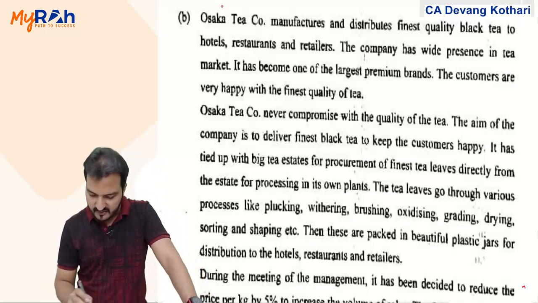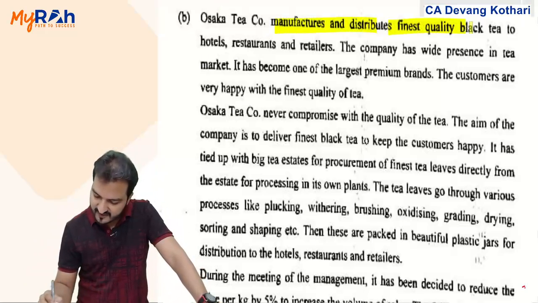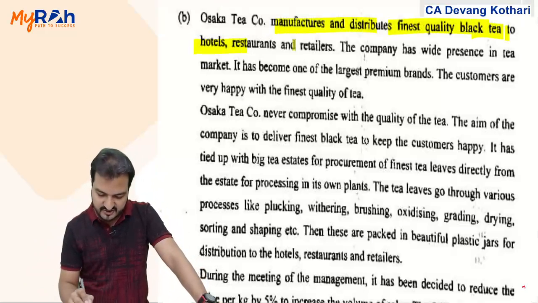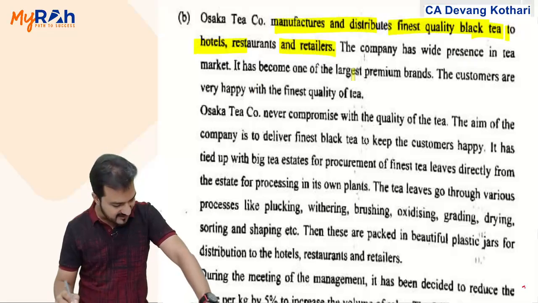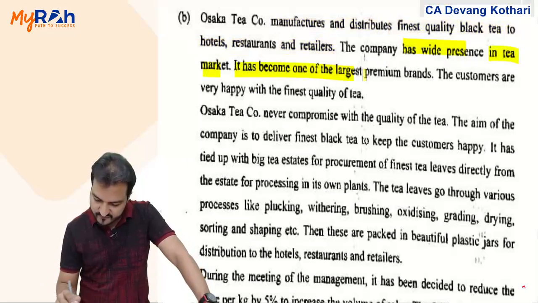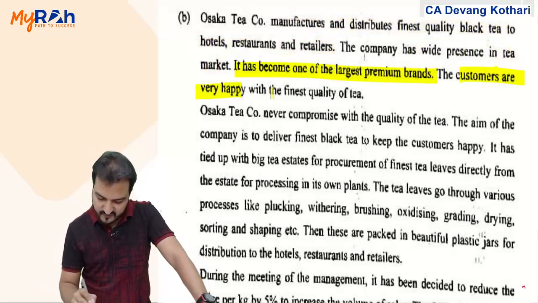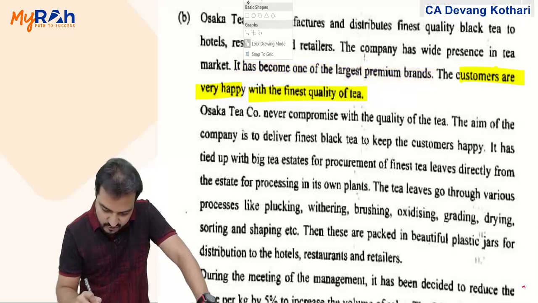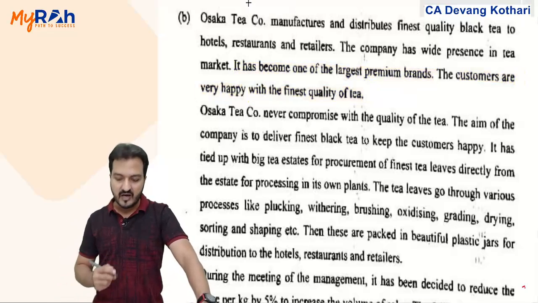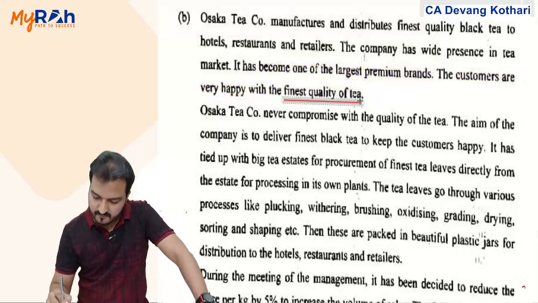Osaka Tea Company manufactures and distributes finest quality black tea to hotels, restaurants and retailers. The company has a wide presence in the tea market. It has become one of the largest premium brands. The customers are also very happy with the finest quality of tea. So you notice repeatedly they are focusing on finest quality of tea, premium brand.